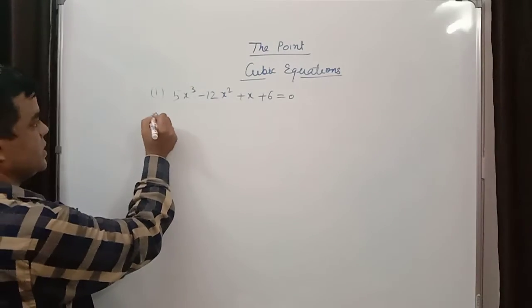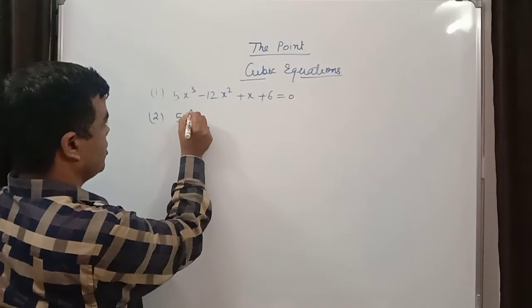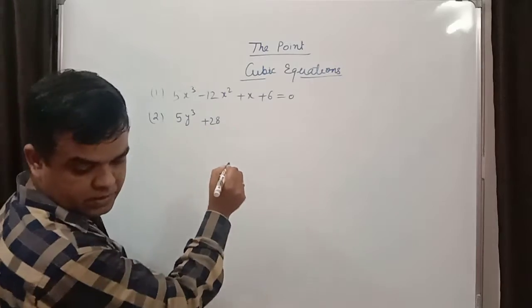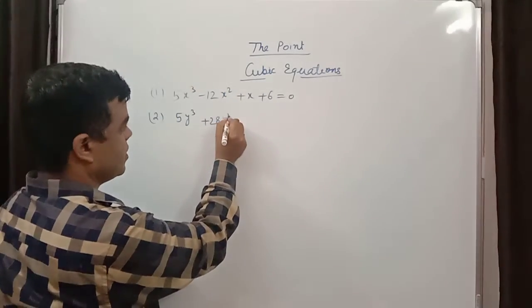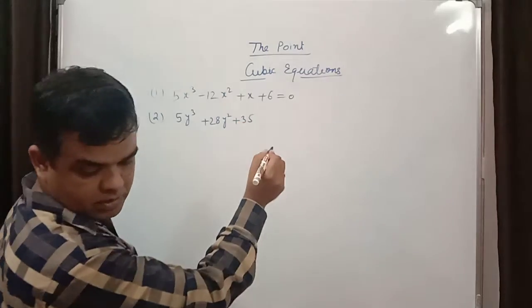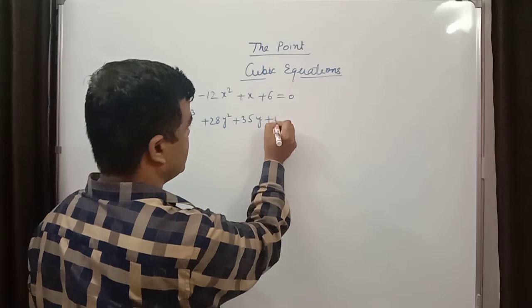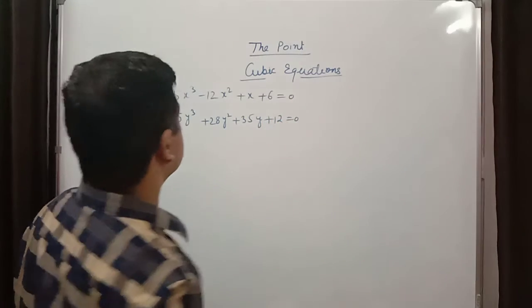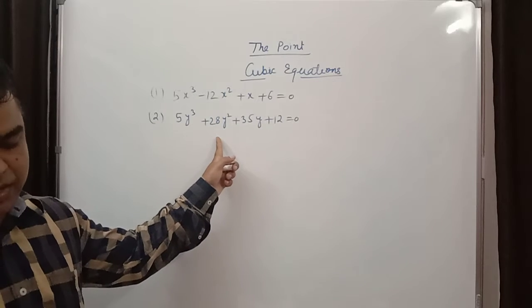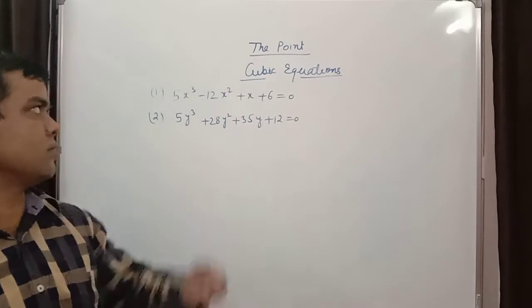The other equation is 5y cube plus 28y square plus 35y plus 12 is equal to 0.